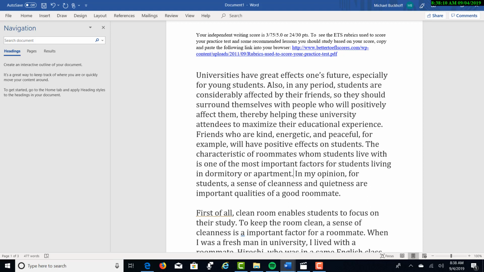Living in, we have students as plural, right? So let's make everything plural. So the characteristic of roommates whom students live with is one of the most important factors for students living in dormitories or apartments. In my opinion, for students, a sense of cleanliness and quietness are important qualities of a good roommate.